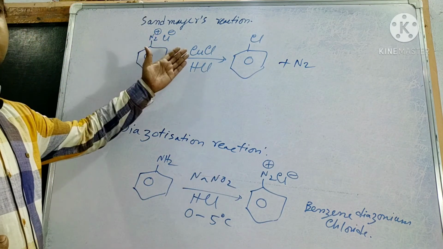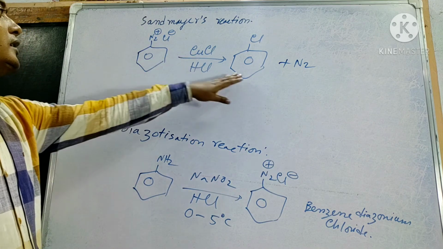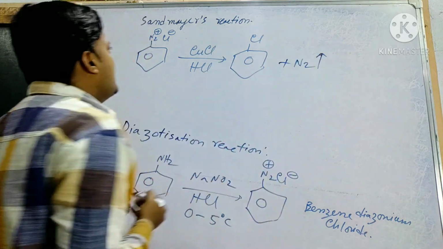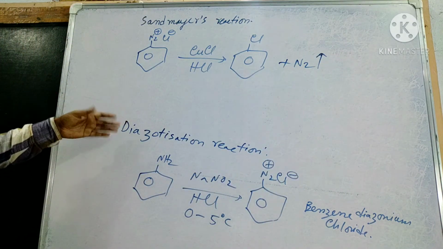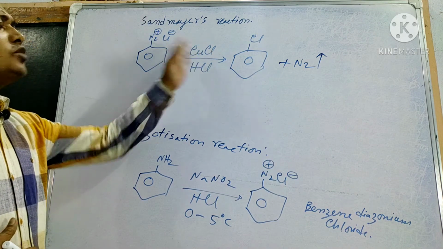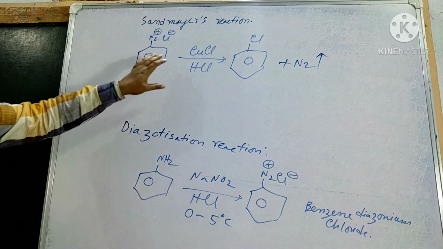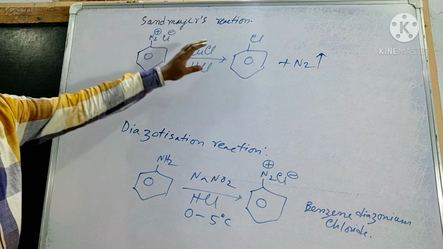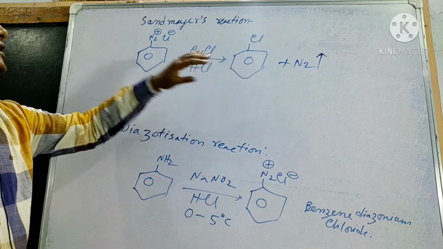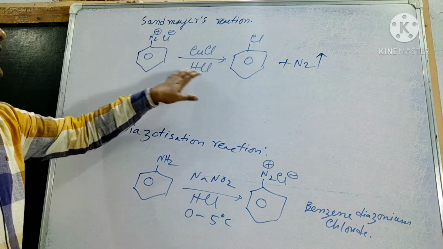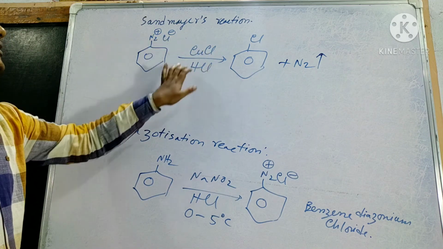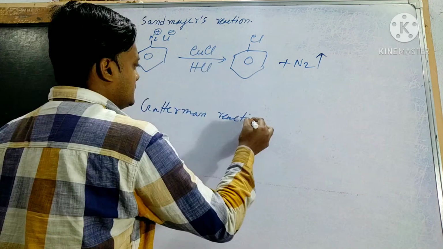So in presence of CuCl and HCl, it produces chlorobenzene and nitrogen, that is Sandmeyer reaction. In Sandmeyer reaction we can prepare chlorobenzene as well as bromobenzene. In that case we have to take CuBr and HBr.